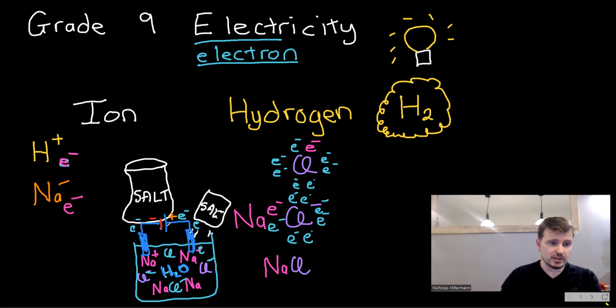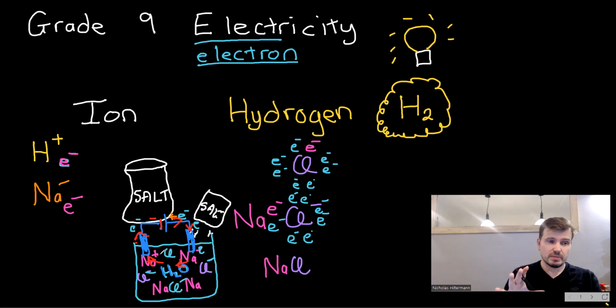So if I have my positive side, my long side, conventional current says that my electrons go this way, in the direction of the red arrows. But electrons do not flow that way.